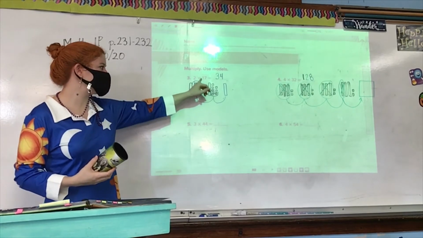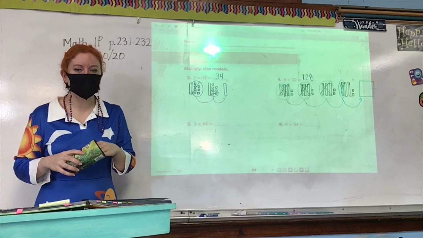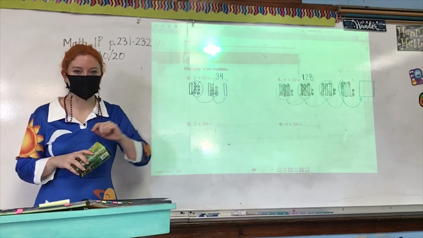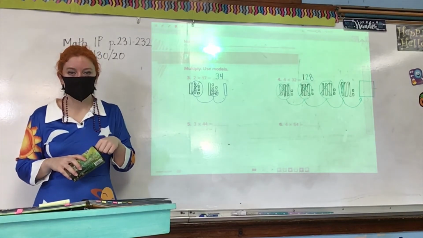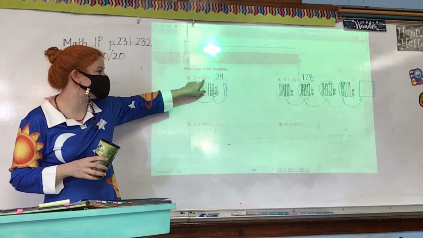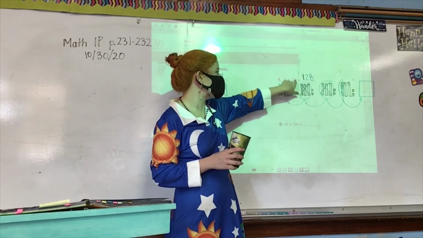How many places did we have to regroup in numbers 3 and 4? Smith? 1 place. Here we had to regroup in the ones place, but not the tens. Here we had to regroup in the tens place, but not the ones.